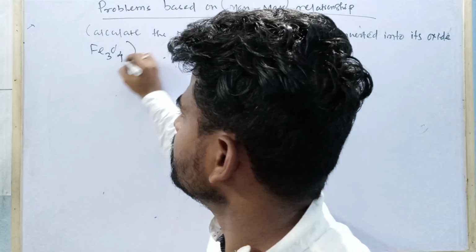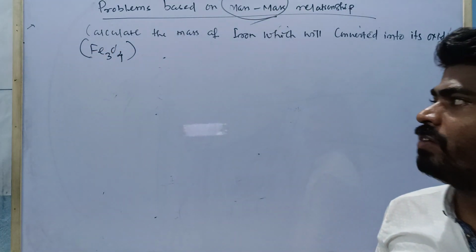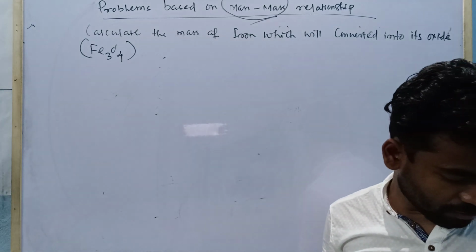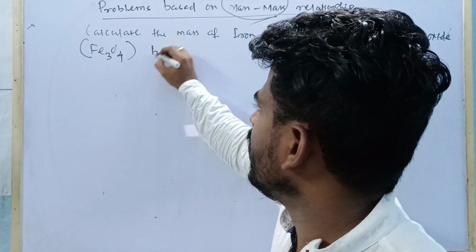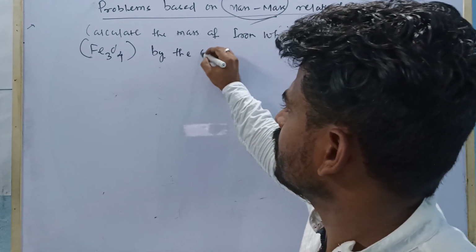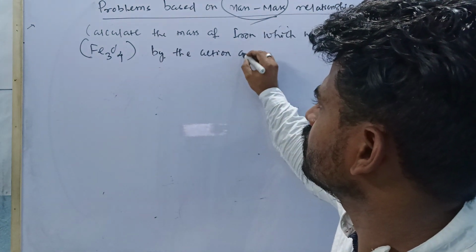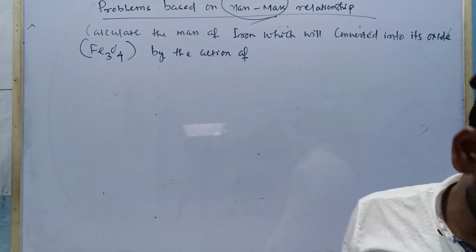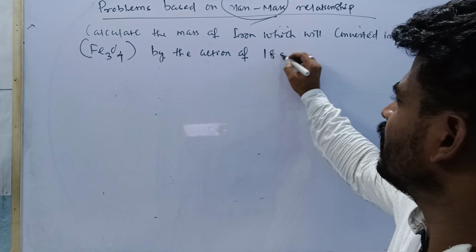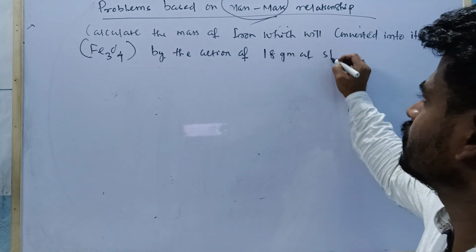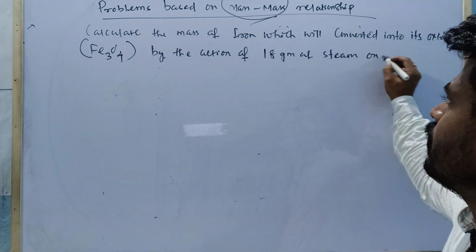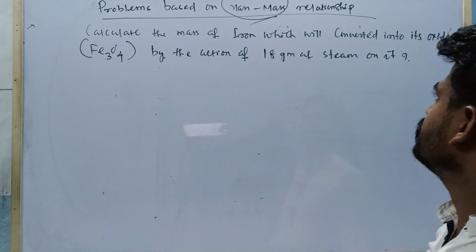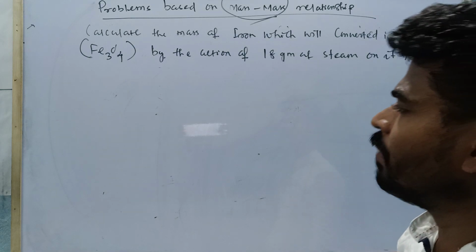It's a mixed oxide of FeO and Fe2O3. Okay, Fe3O4 by the action of 18 gram of steam on it. Calculate the mass of iron which will be converted into its oxide, Fe3O4.